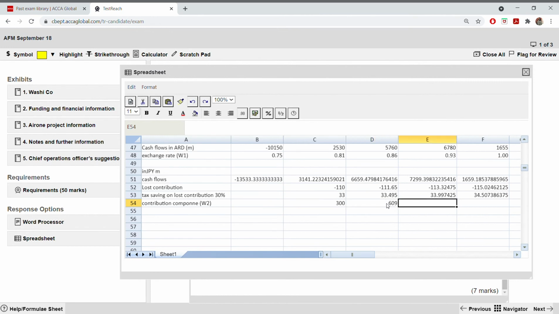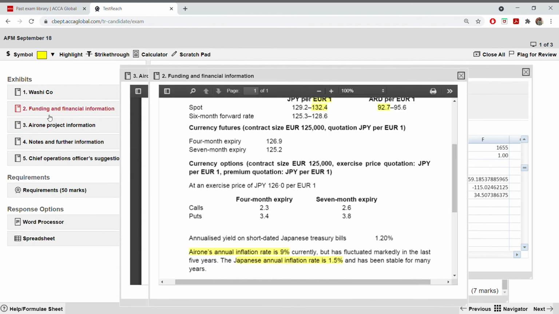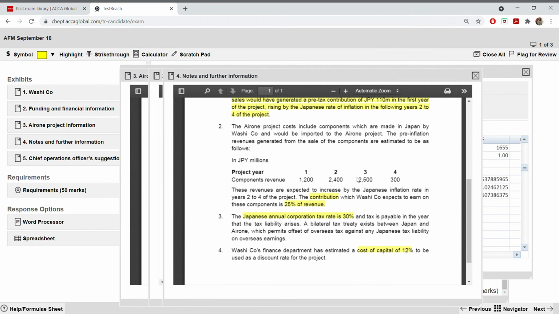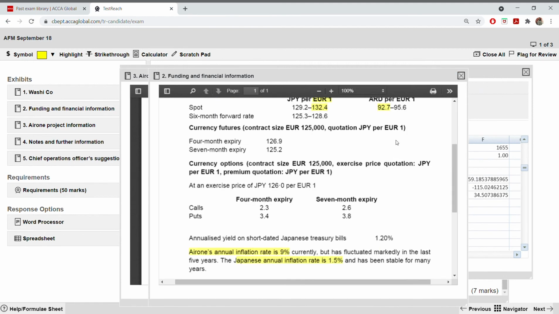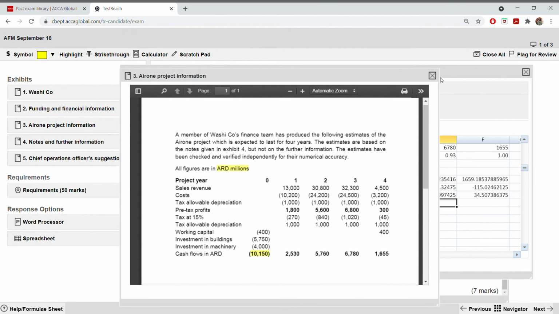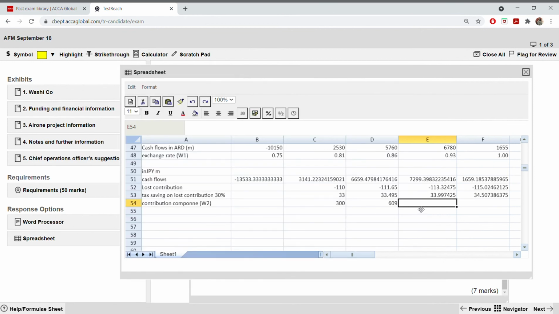Others also you inflate and then take 25% after inflating the figure. Inflating means, let's say the third year when you are going here, 2500, how will you inflate this? Multiply by 1.015 to the power of 2, 300 into 1.015 to the power of 3. Inflating this figure, not from the previous one, and then taking 25% of that. For that a separate working is there, so make sure working is there.